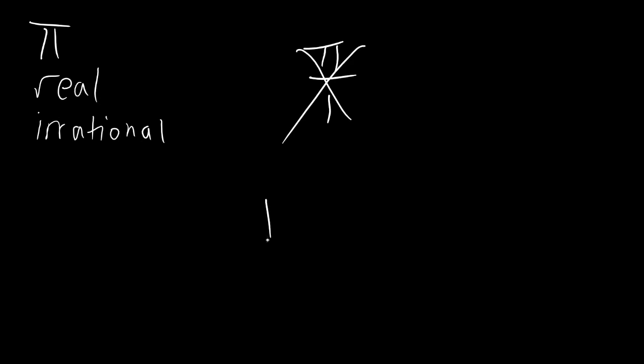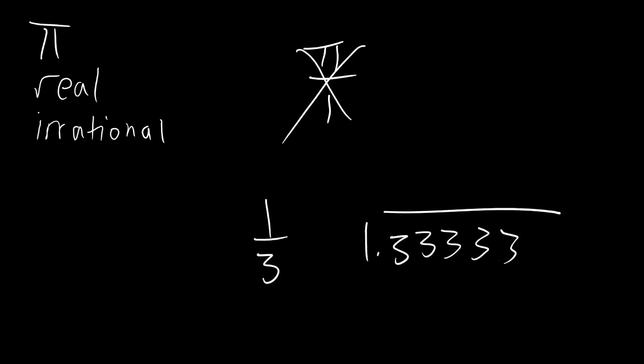Unlike, for example, 1/3, which is 0.33333, all repeating, it goes on with 3 forever. Pi does not do that. It has basically random jumbles of numbers that go on forever. So it stops there. Why?